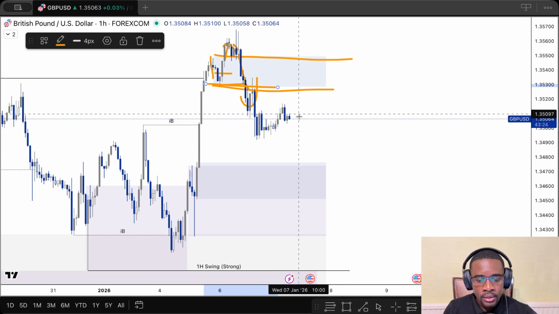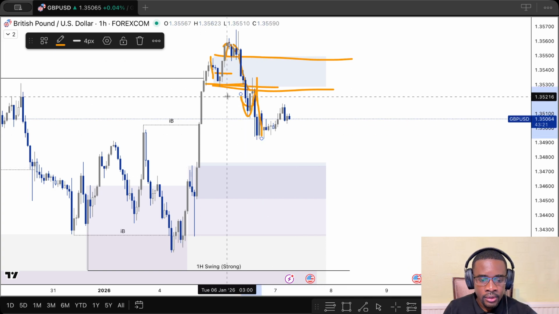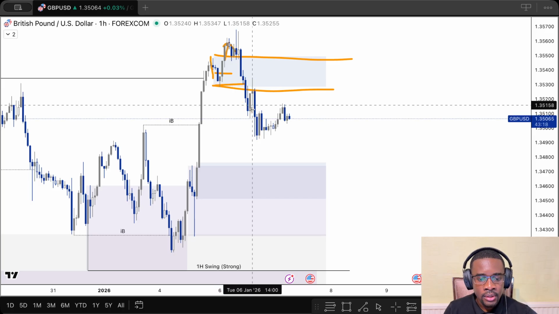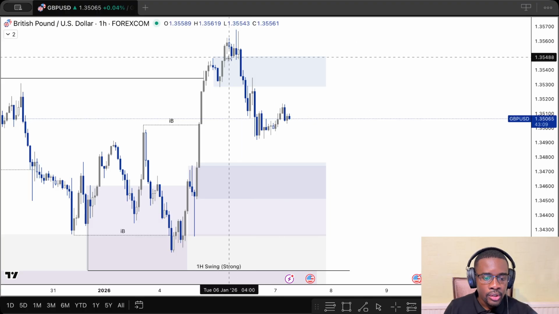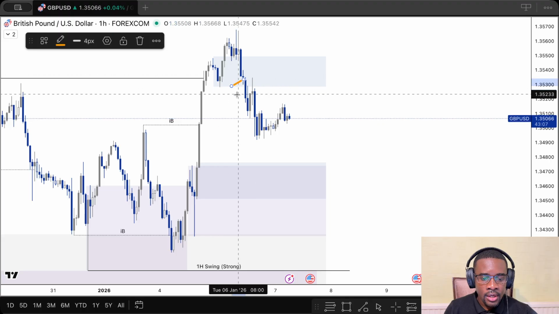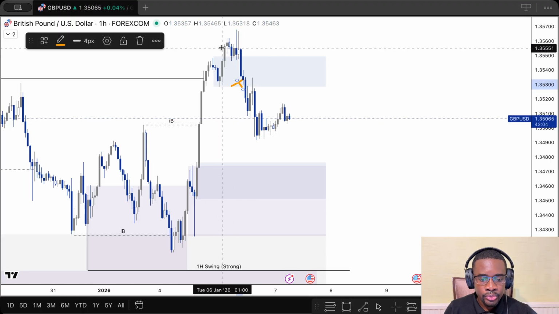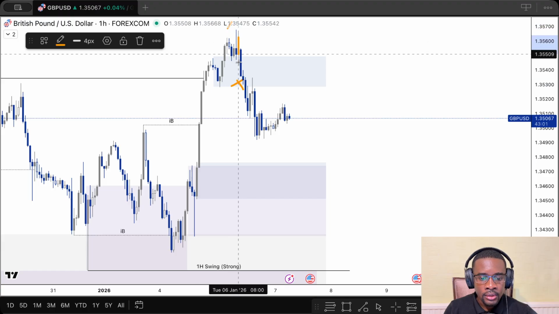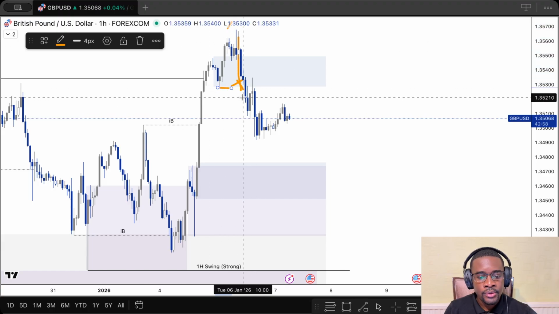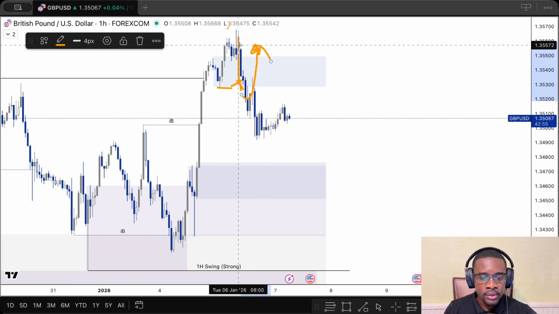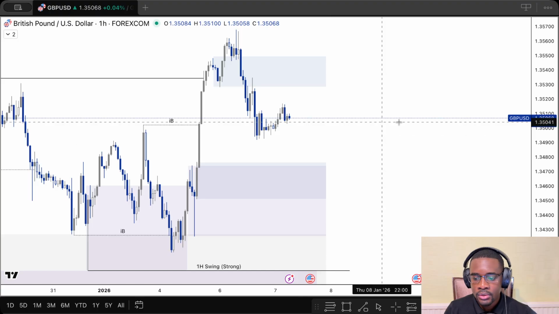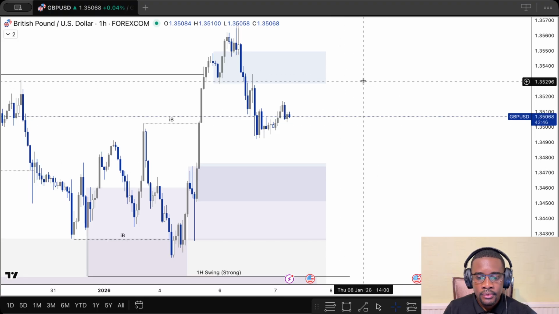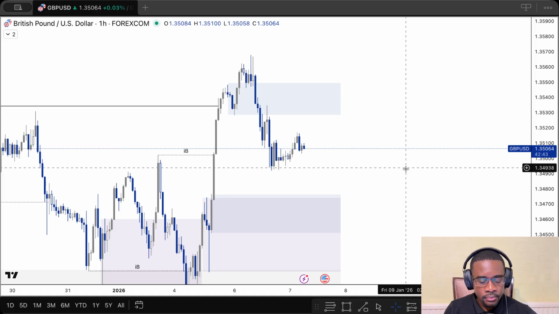So now we've made a double structure, breaking internal structure to the downside on the 1 hour chart. I was thinking that price would just push up, maybe continue, and then come back down, sweep these lows, and then continue bullish. However, it had a switch altogether. So that was on the pound dollar.